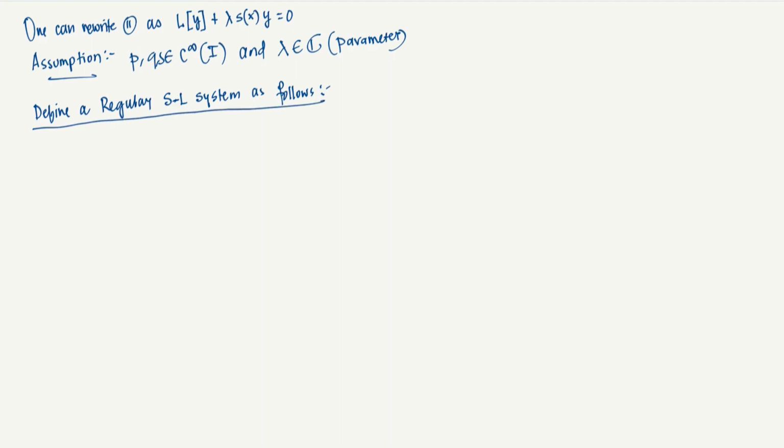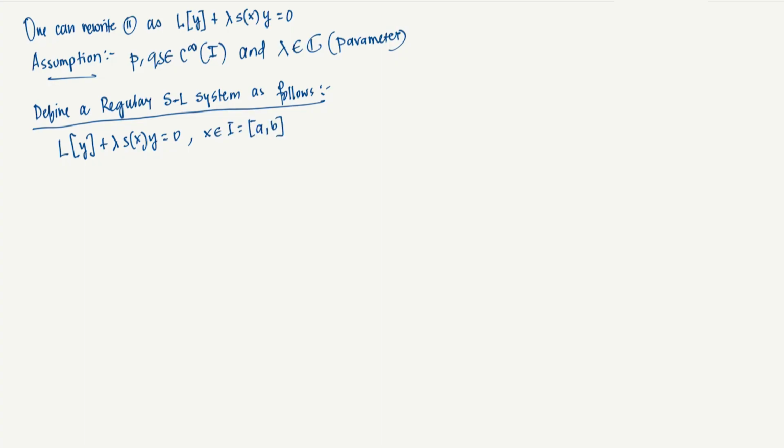So what is the data? We start with L of y plus lambda S of x times y equals 0, where x is from the interval I, which we are now defining to be (a, b). So this is your equation part.